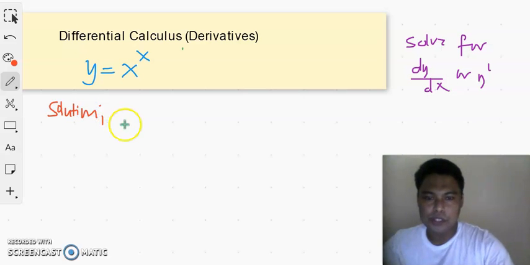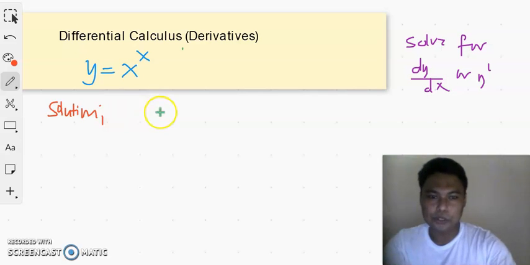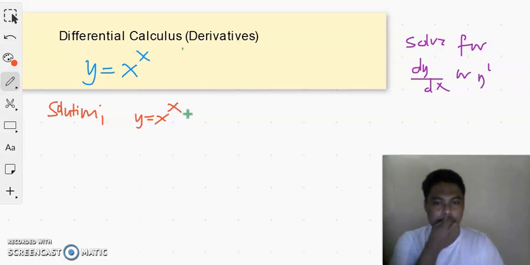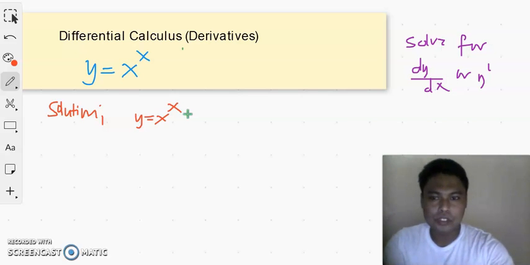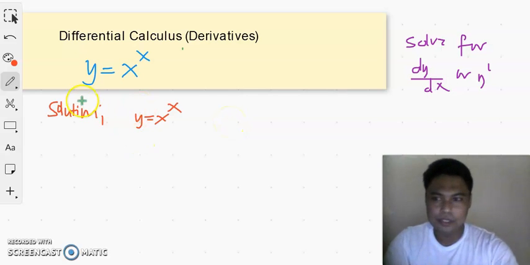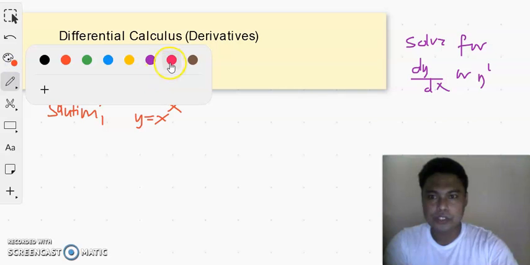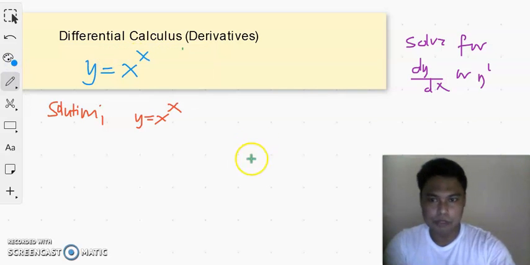First move is you're going to copy the problem. So this is y equals x raised to the power of x, and then, to make it simplified, just take the natural logarithm of both sides.